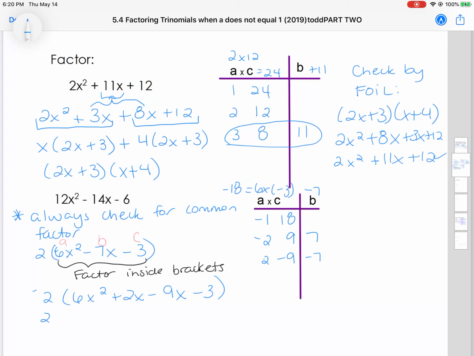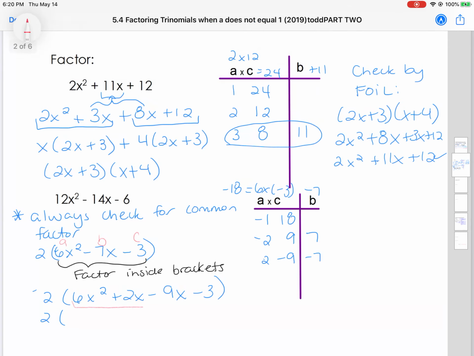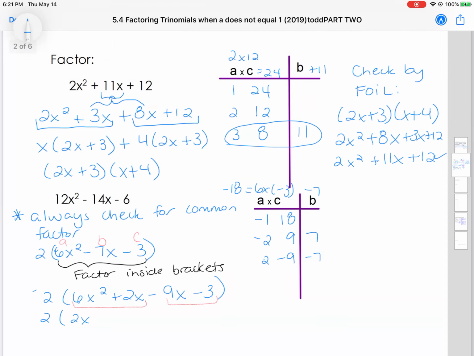And now you just keep the 2 and group based on these two in here and these two in here. The 2 you just keep carrying through. So now we're going to get 2x is our common factor. So 6x squared divided by 2x is 3x. 2x divided by 2x is 1.